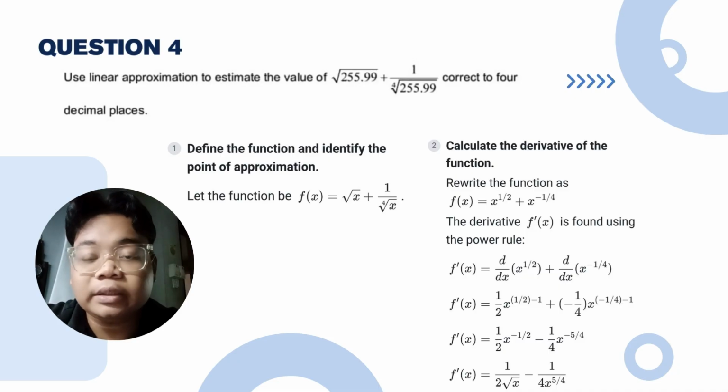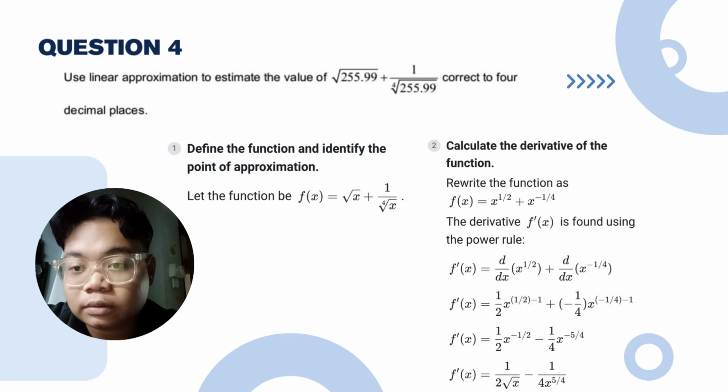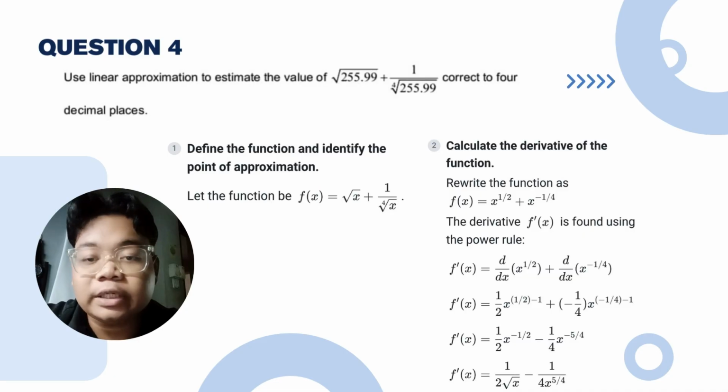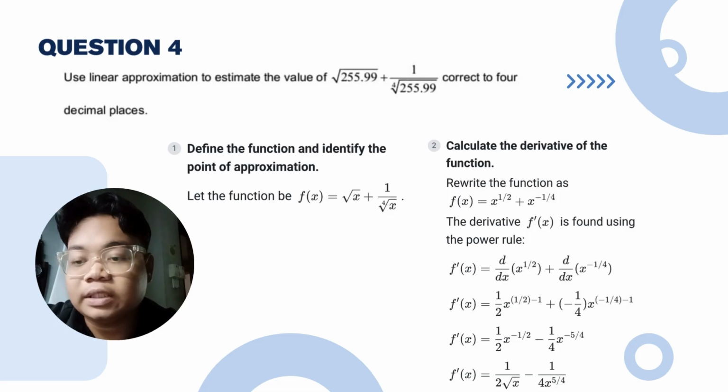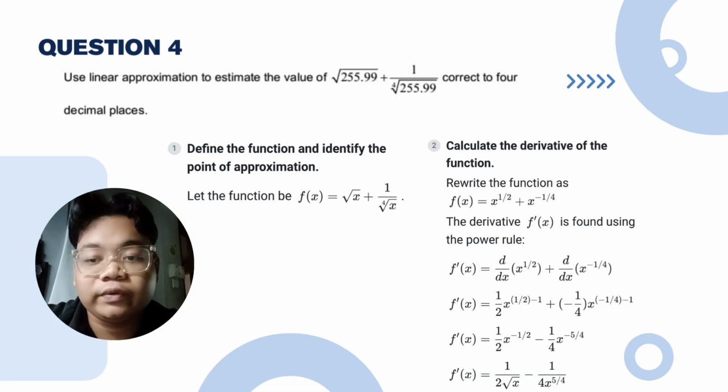We want to estimate the value of f(255.99), where we choose a nearby point where the function is easy to evaluate, which is s equals 256, and the change in s, ds, equals 255.99 minus 256, which equals negative 0.01.